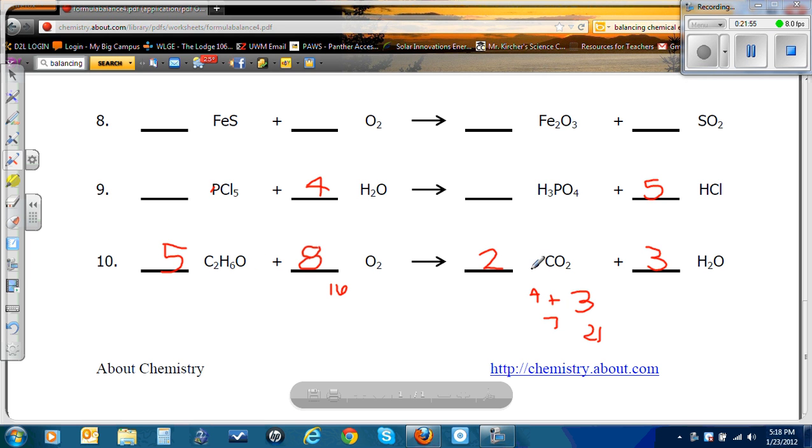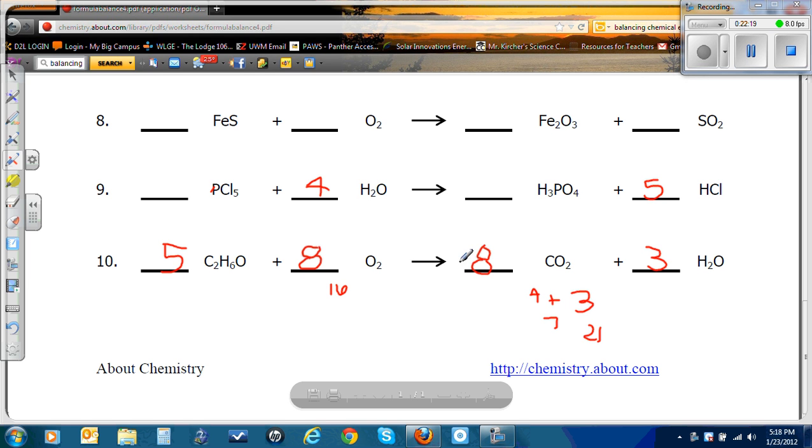Okay, on this side I have 4 and 3. What if we change that to, let's try an 8 again? Let's try 8.